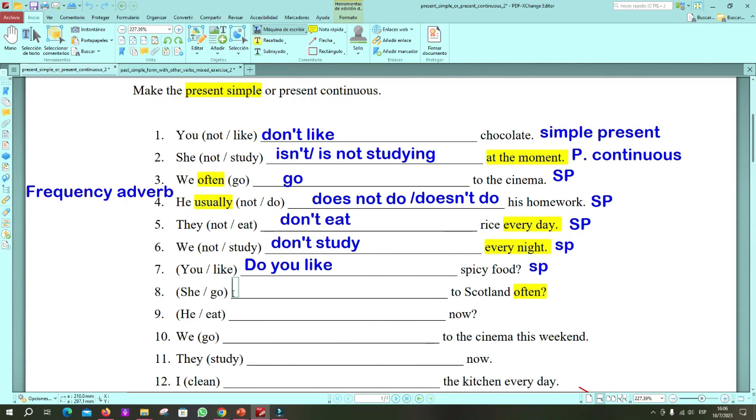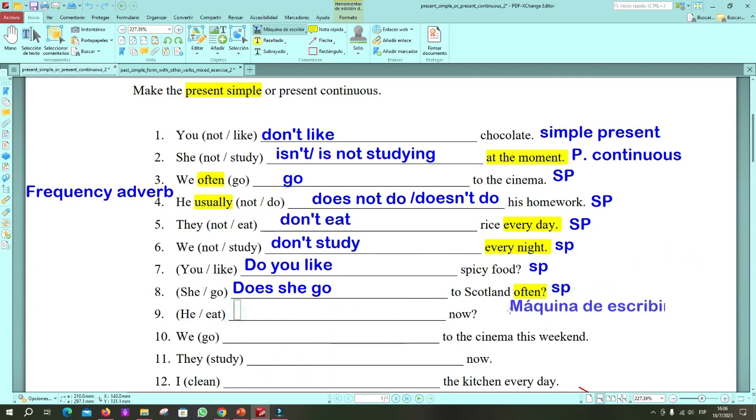She, remember to use the auxiliary. Which could be the auxiliary there? Does, teacher. Excellent. Does, and then the subject. Does she go? And the verb in the base form. Excellent. So, does she go to Scotland often? And that is simple present also. Perfect. Thank you, Mr. Rosmin.